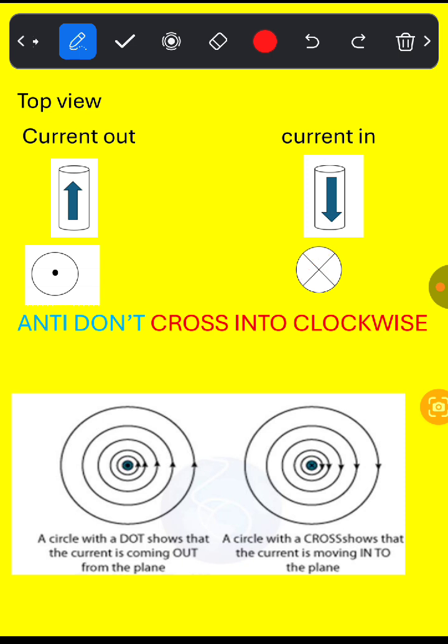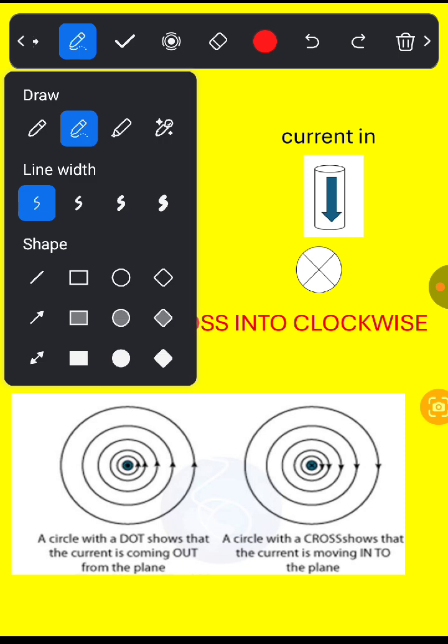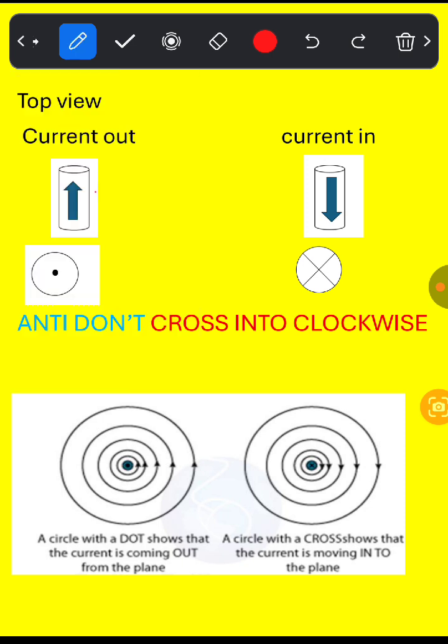So the word dot is related to the word out. If I say dot and out, they are rhyming. So when you see a dot, it means the current is going out of the page.